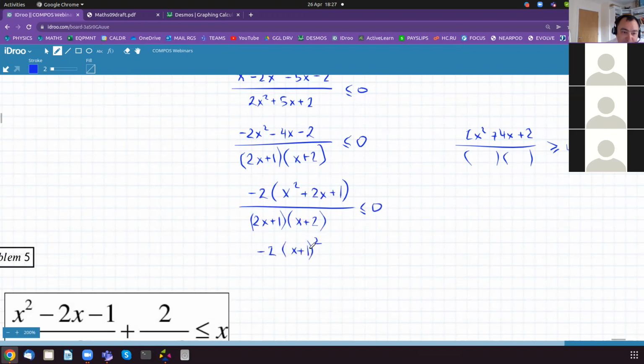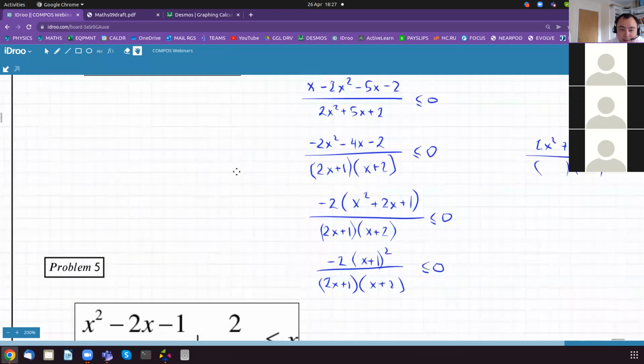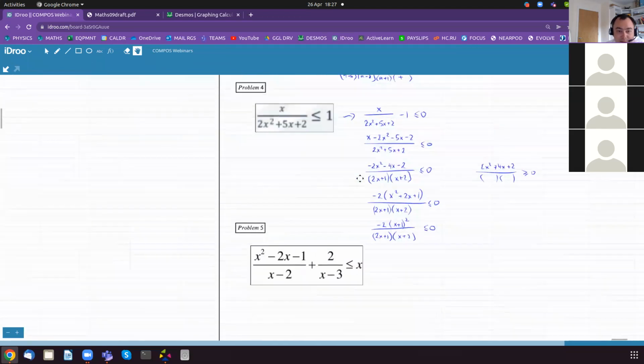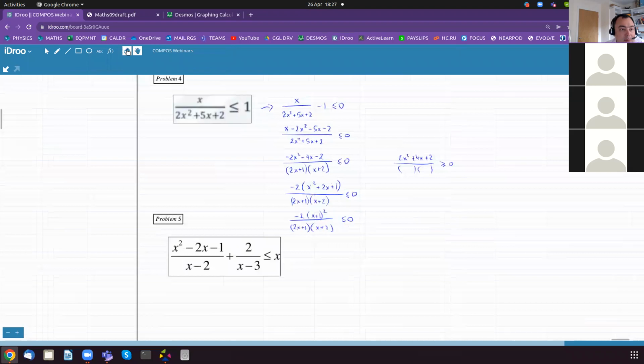So we get -2 times x plus 1 squared, times 2x plus 1, x plus 2, less than or equal to 0. And now all we need to do is apply the method of intervals. I'll just delete that.